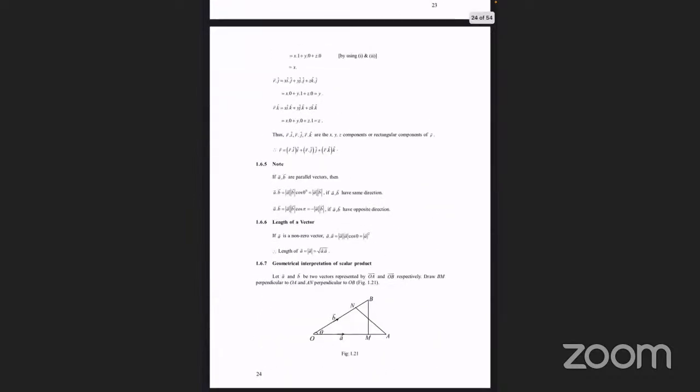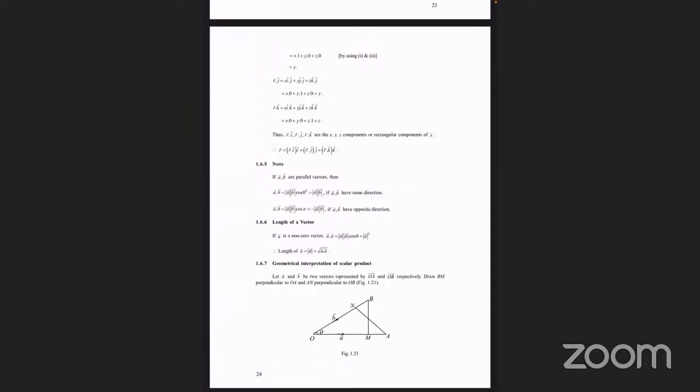Just now we have seen perpendicularity. Now we have parallel vectors. If A and B are parallel vectors, then A dot B is equal to modulus of A modulus of B cos theta, where the theta value is 0 degrees. For perpendicularity it is 90 degrees; for parallel vectors the theta value will be 0, and we know that cos 0 is 1.